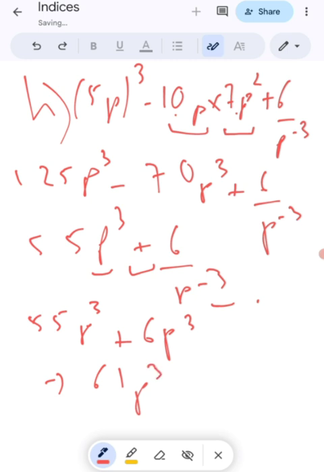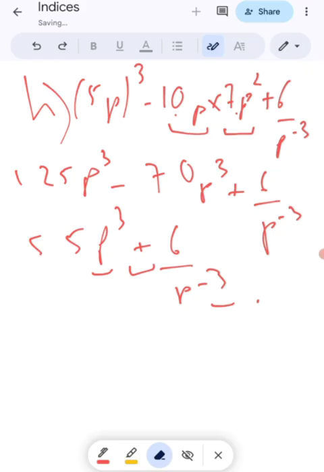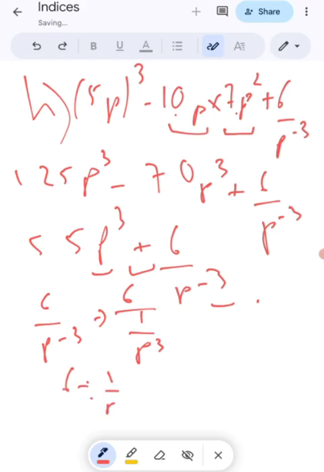If you have not understood this concept, let's do it in a different manner. Look, it was 6 upon p raised to the power minus 3. How can I write p^-3? It's written as 1 upon p^3. This is what you know, and 6 upon. Is this okay? I think this is very clear to you. Now 6 divided by 1 upon p^3.